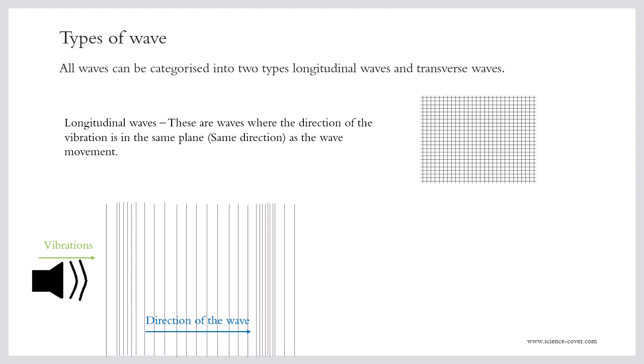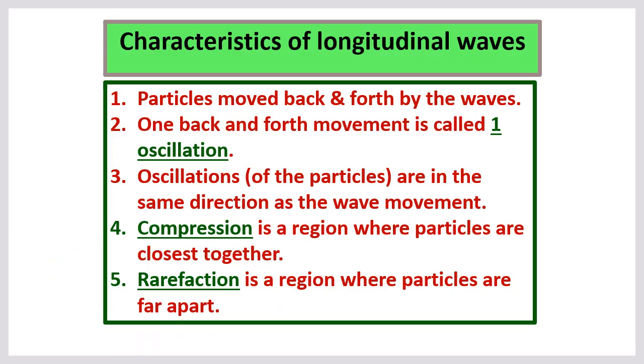Longitudinal waves can often be identified as they create compressions. The areas that are not compressed are known as rarefactions. Some of the characteristics of a longitudinal wave are on the screen now. We know that as a longitudinal wave moves through a medium, the particles of that medium are moved back and forth by the waves.